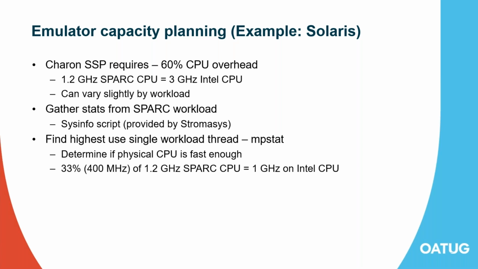And so that can vary a little bit by workload. But 60% is a good rule of thumb starting point. Then as you do your test migrations, you can run some tests and make sure that you know exactly what your requirements are, and that can go up and down a little bit.